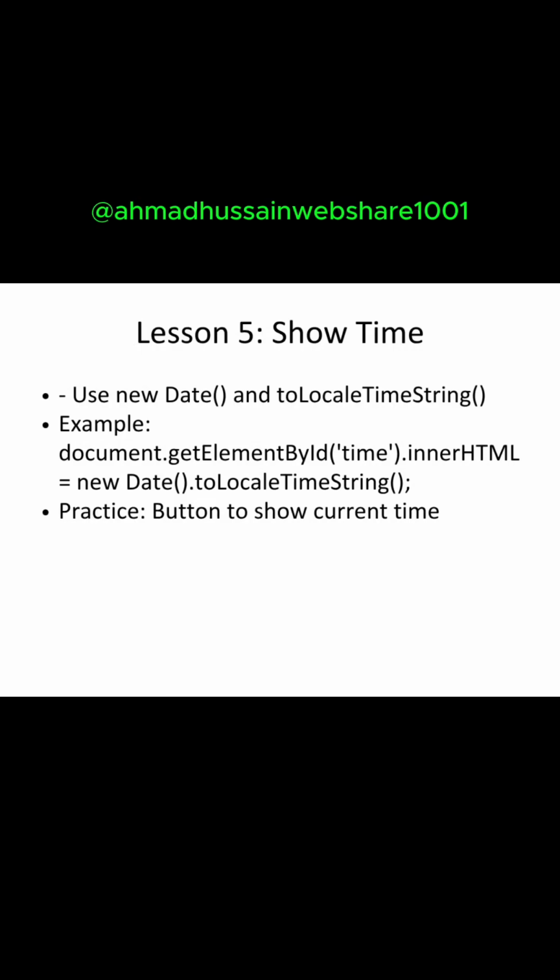Through that we get the particular element of the HTML page, and then we populate it with the content which we get from the JavaScript function. I am going to show you all this by example. Maybe it looks difficult in the beginning, but as we go further in our course, I will show you through the example.